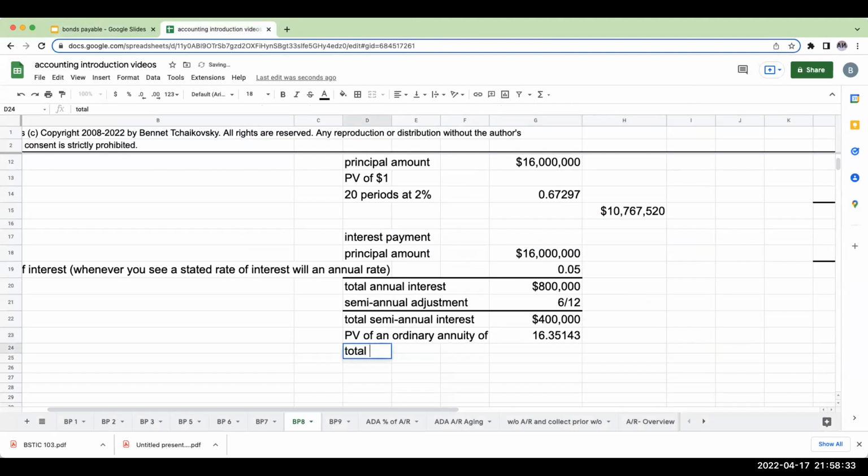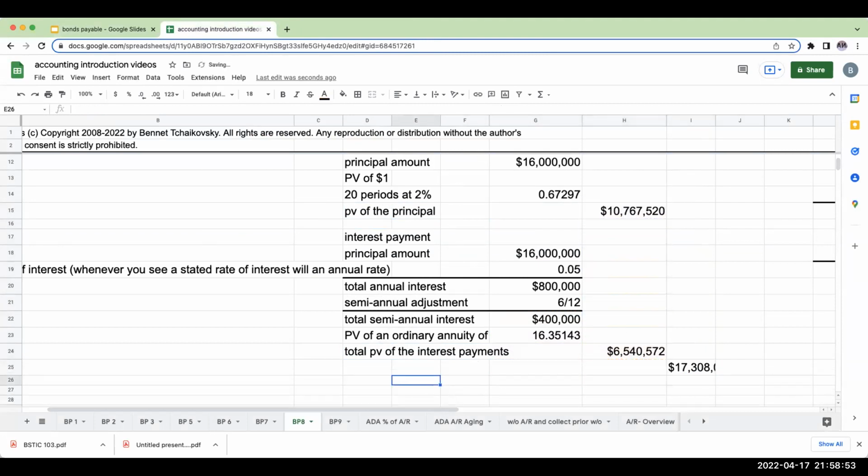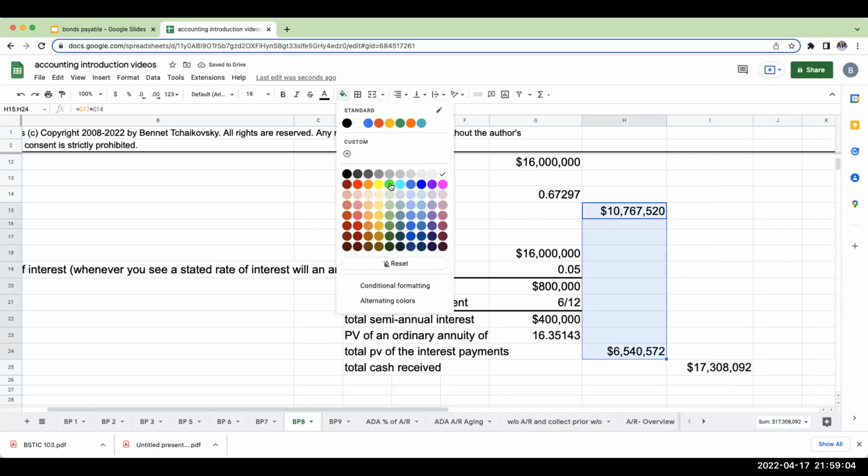So my total present value of the interest payments is going to be 400,000 times 16.35143. So the total cash received is going to be 17,308,920. So let's go ahead and make this a new color.